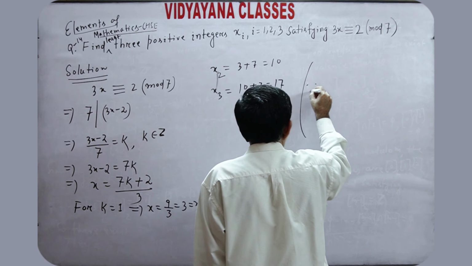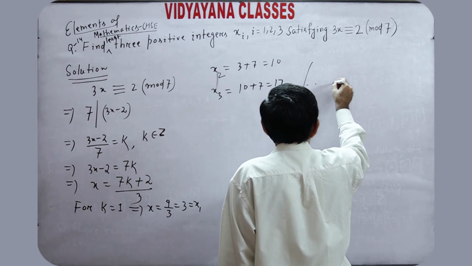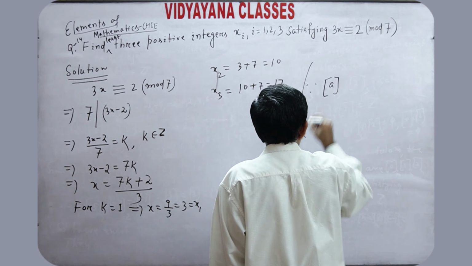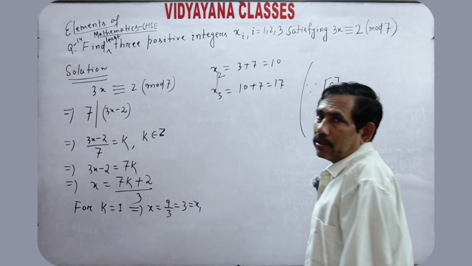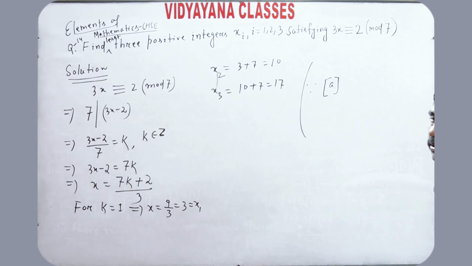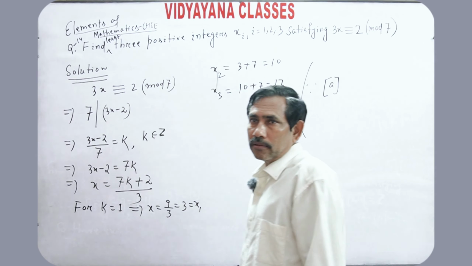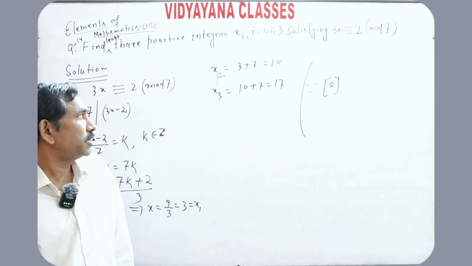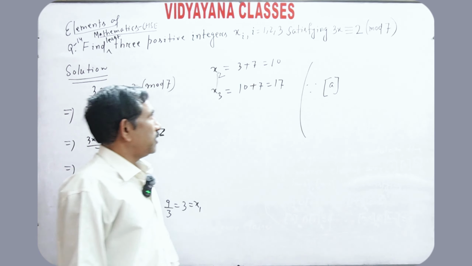Since congruence modulo is an equivalence relation, an equivalence relation decomposes or partitions the given set into disjoint equivalent classes.